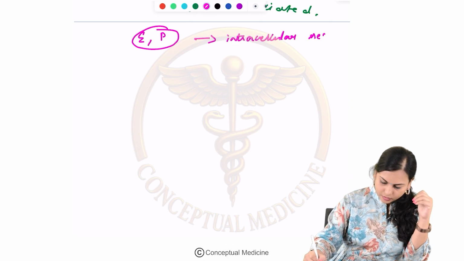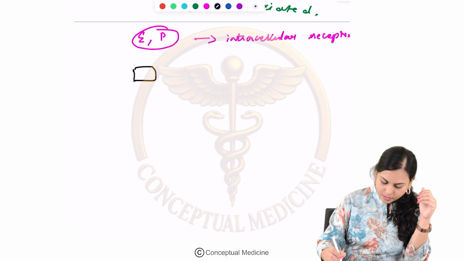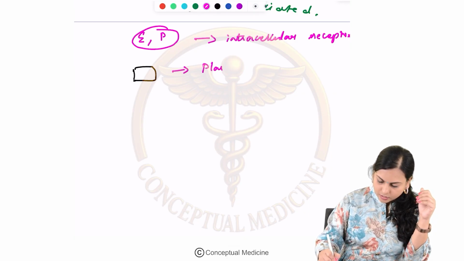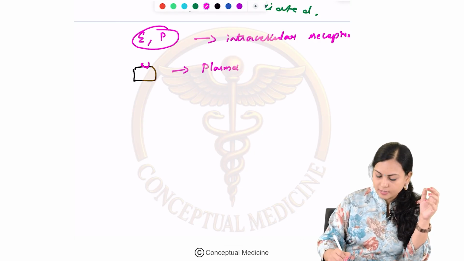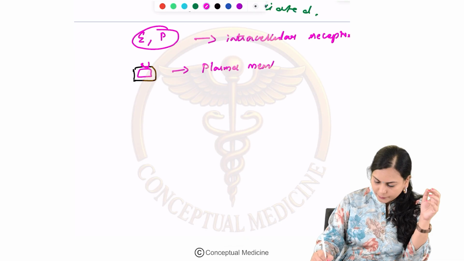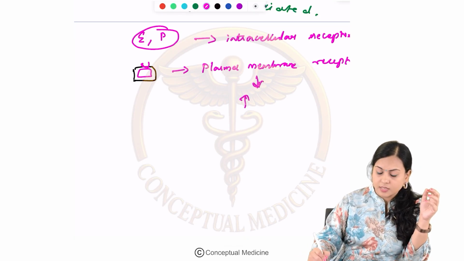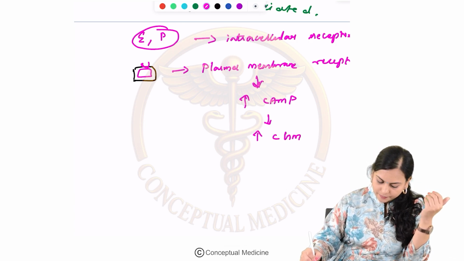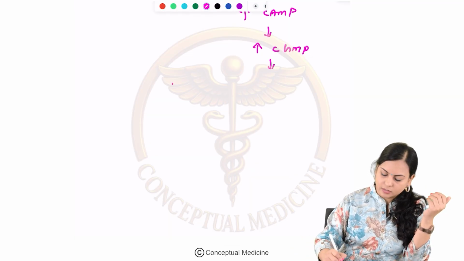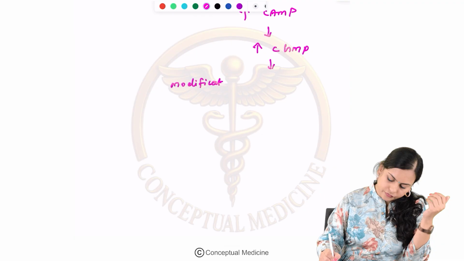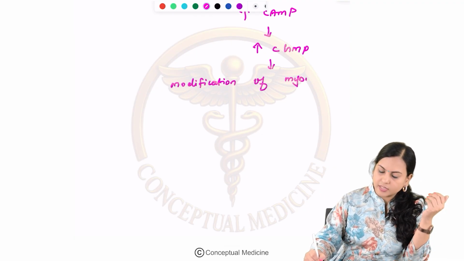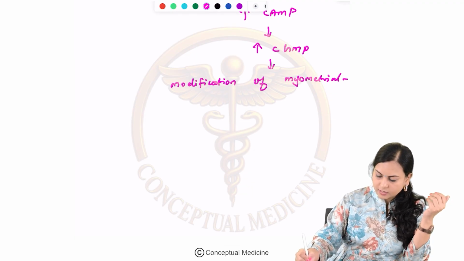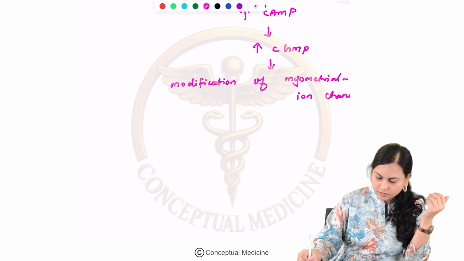In the myometrial cell, plasma membrane receptor mediated increase in cyclic AMP is seen, and this leads to production of cyclic GMP, and that leads to the modification of myometrial cell and ion channels. Clear?